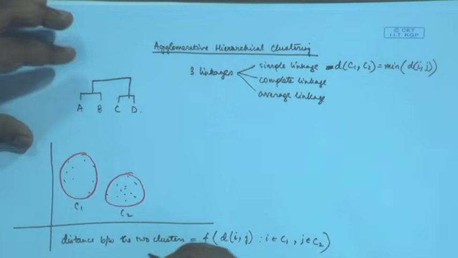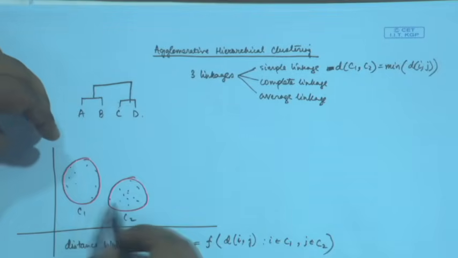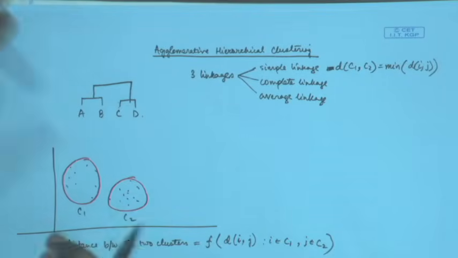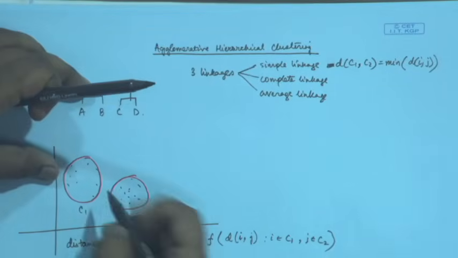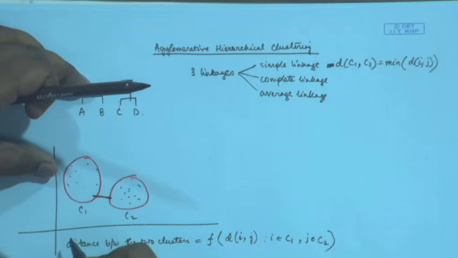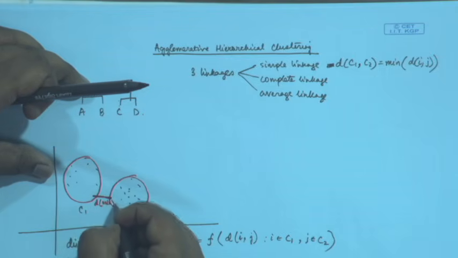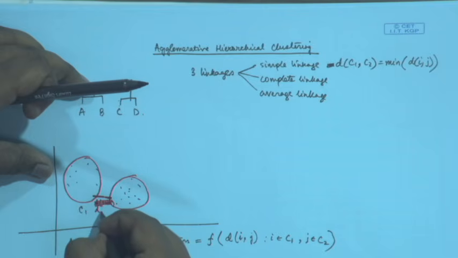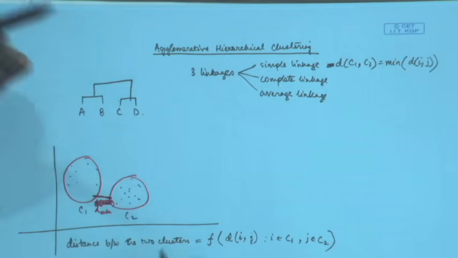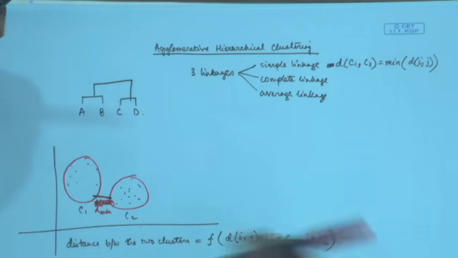So you calculate the pointwise distances, and the minimum distance between two points, one belonging to C1 and the other belonging to C2, these are the closest points. Let me write it as d minimum. The minimum distance between points of these two clusters is considered as the distance between the two clusters.